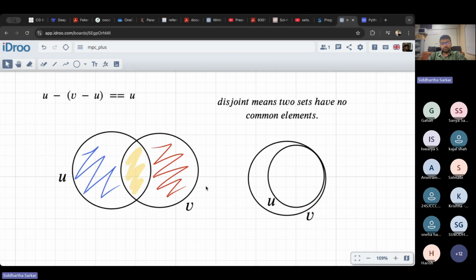So in this case, what happens? V minus U we will check. V minus U is this part, this crescent part.